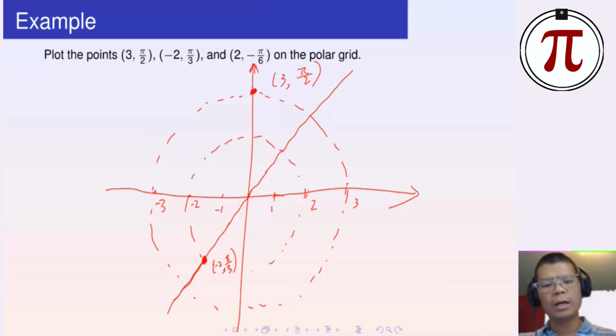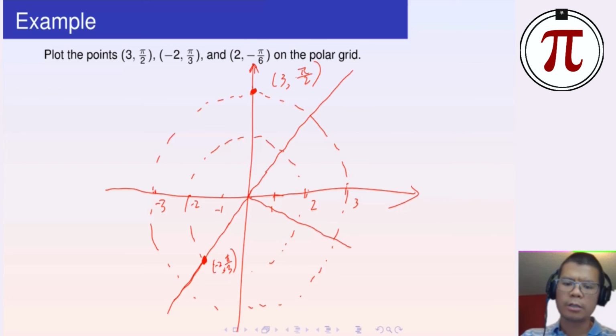Okay? So now let's consider the final one, 2, negative pi over 6. What is the direction? With negative pi over 6, you go clockwise, so the direction is somewhere like this. But how far do we go from the origin? What is the distance? 2. So 1, 2. It is this point.